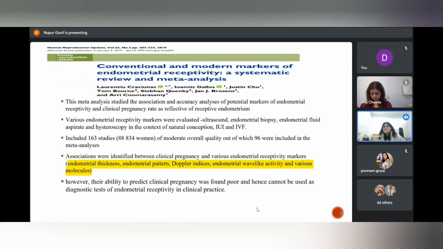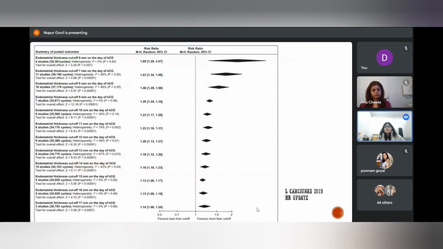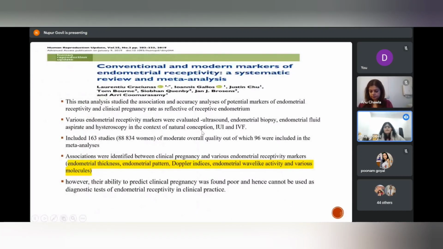So this was a meta-analysis done to compare all the conventional and modern markers of endometrial receptivity. They found an association between endometrial thickness and pregnancy rate, but its ability to predict clinical pregnancy was poor, and they suggested that it cannot be used as a diagnostic test of endometrial receptivity in clinical practice, because again, between pregnant and non-pregnant patients there was no significant difference in endometrial thickness.